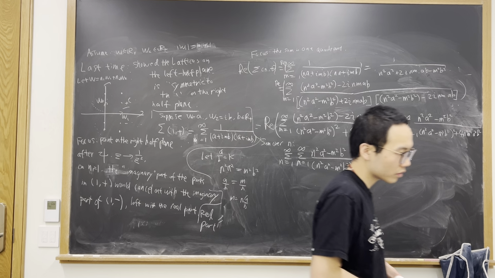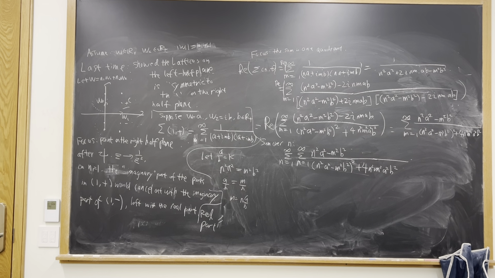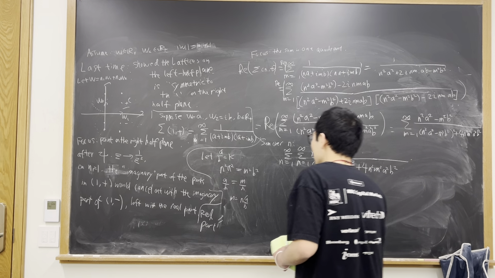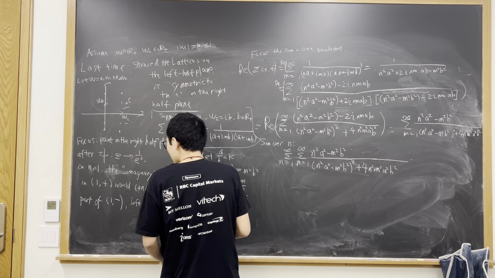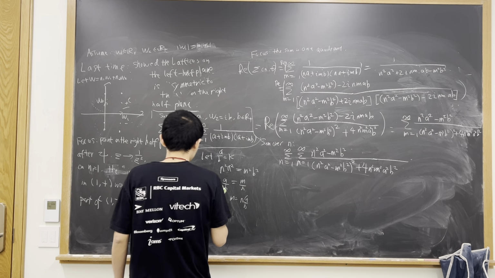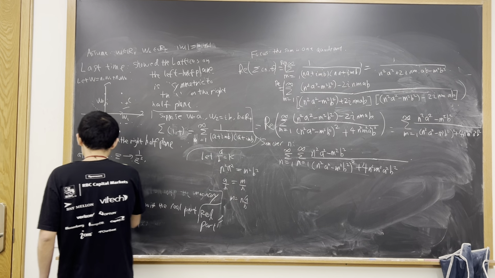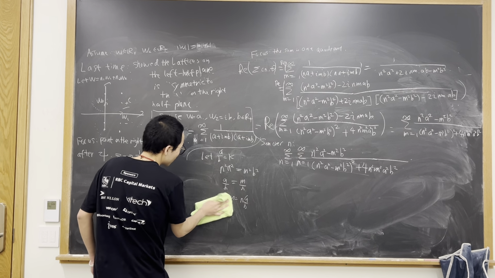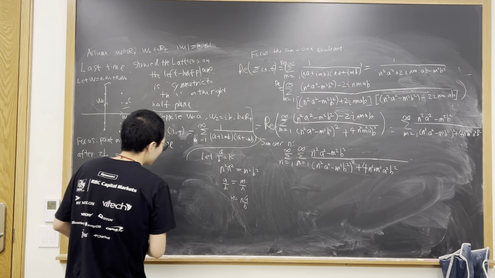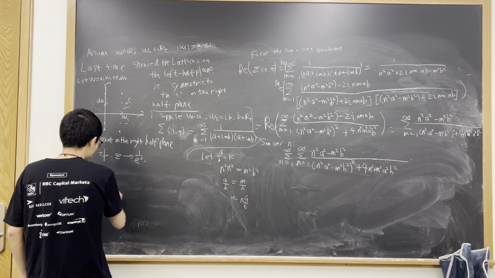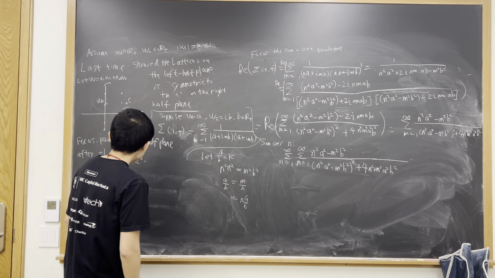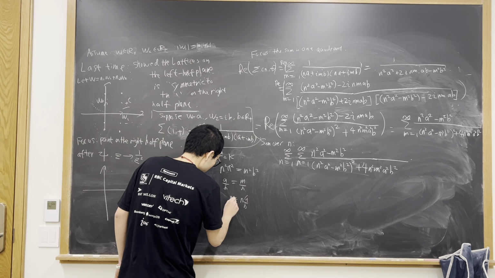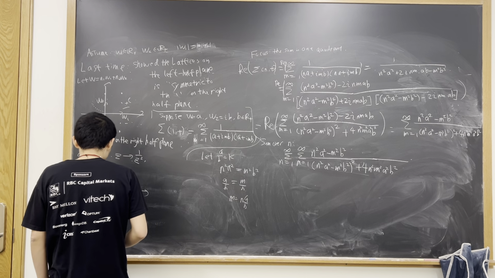So let's draw the graph here. m is like the y coordinate, and n is like the x coordinate.